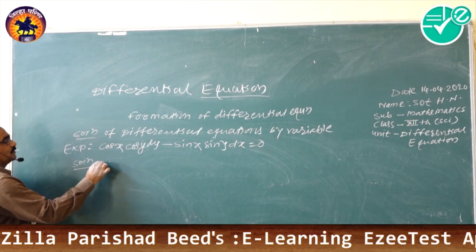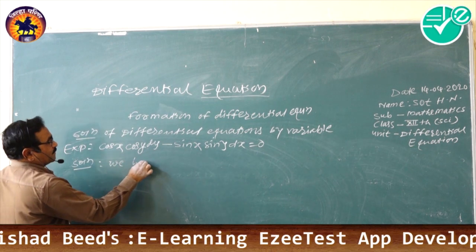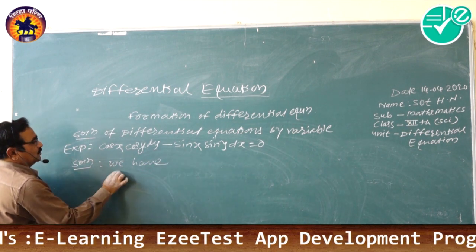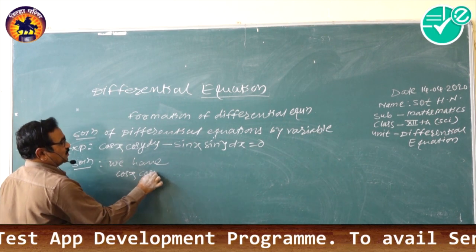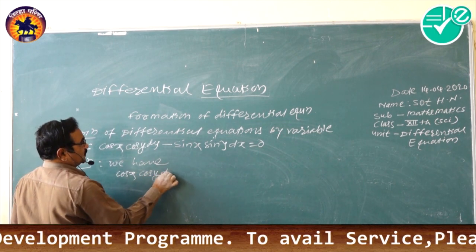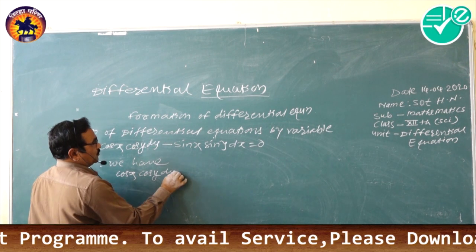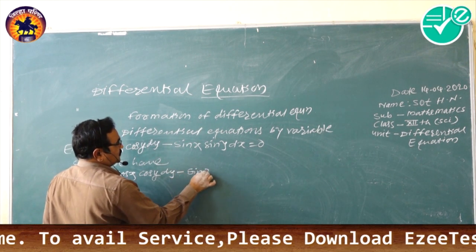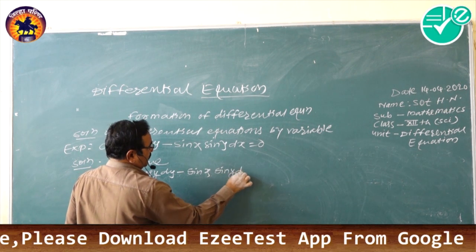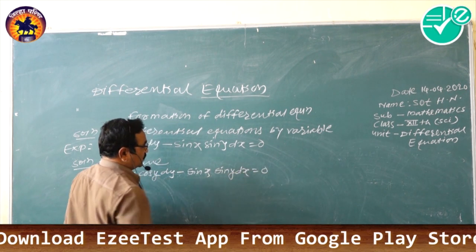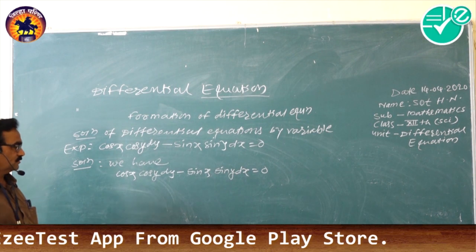Solution, we have cos x cos y dy minus sin x sin y dx equal to 0.